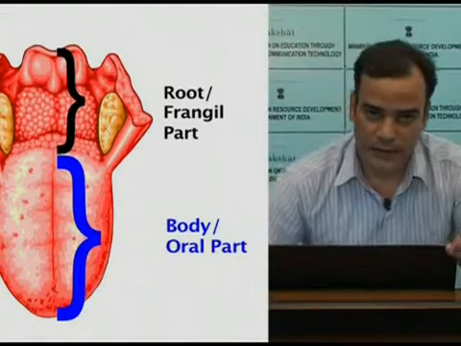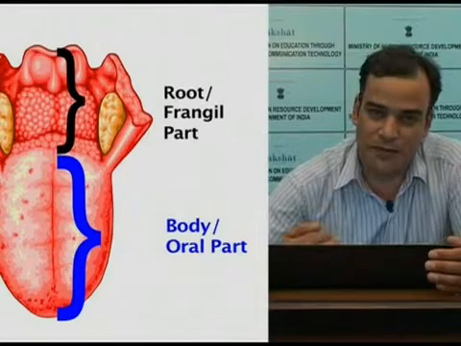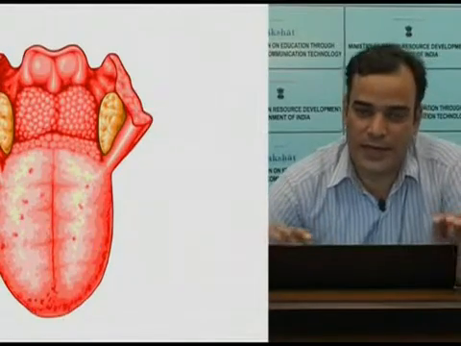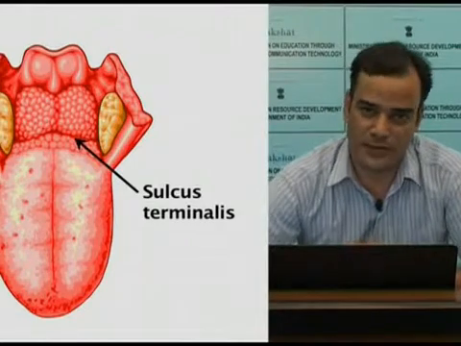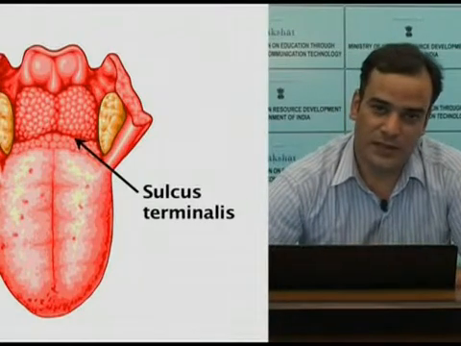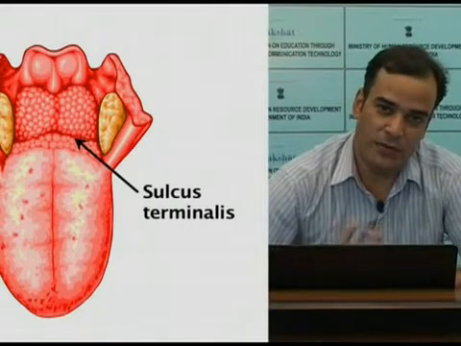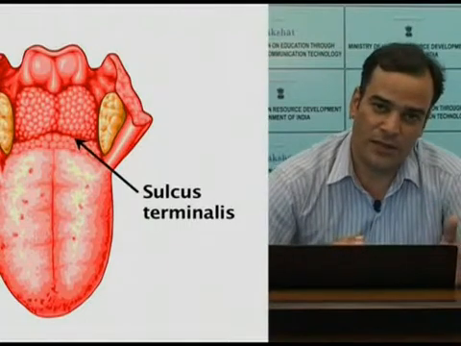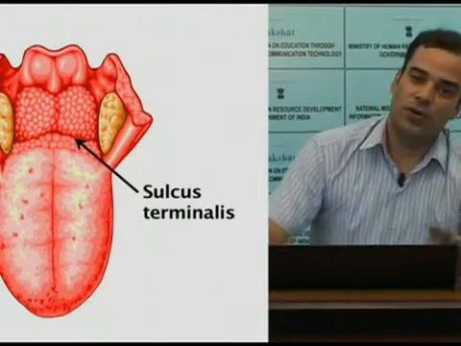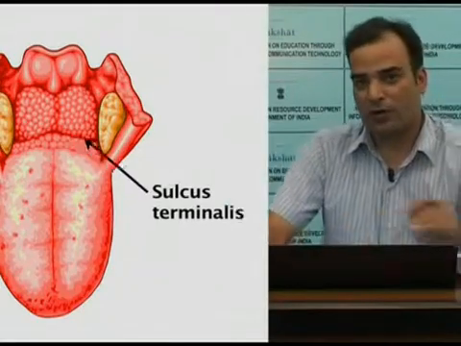The oral part, that is the anterior part of the tongue, is separated from the posterior part by a V-shaped sulcus called the sulcus terminalis, which means the tongue is divided by the sulcus terminalis into the posterior part or the pharyngeal part, that is the part of the tongue that lies in the pharynx, and the oral part, that is the part of the tongue that lies in the mouth or the oral cavity.